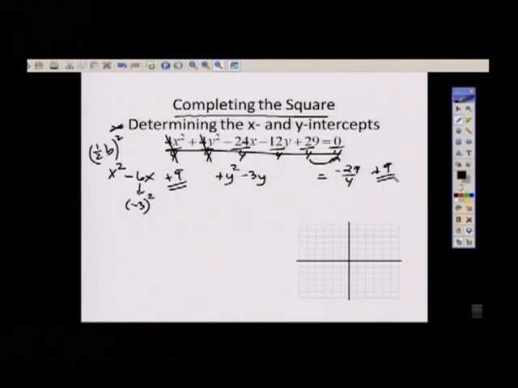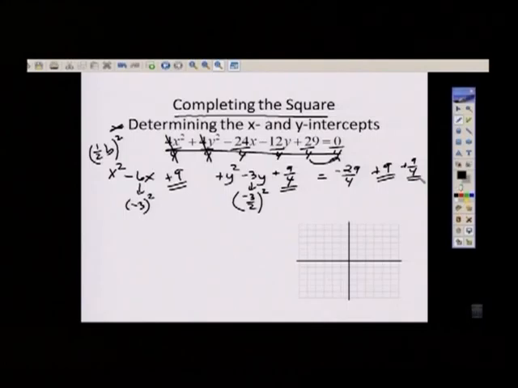Now I'm going to do the same thing with the y terms. I take half of the negative 3, which is negative 3 halves, and square it, which gives me a positive 9 fourths. But if I add it to one side of the equation, I have to add it to the other side as well.